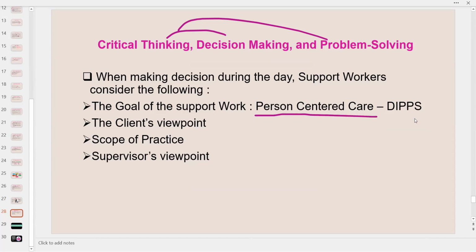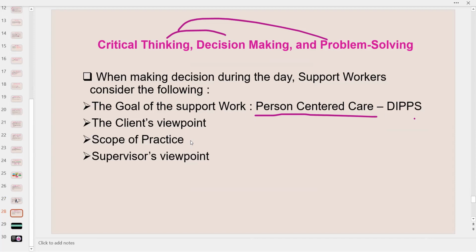So remember your DIPPS: the dignity, independence, privacy, preference, and the safety. The client's viewpoint. Did you include the client in your care? Did you get suggestions from the client? Was the client comfortable? Did it help the client? Is the procedure relevant to the client?